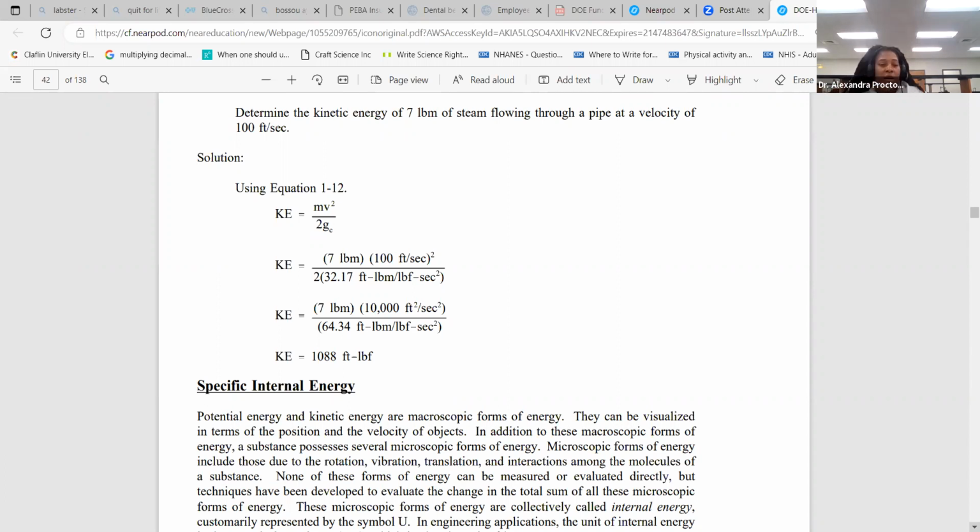So you plug in the 7, which is your mass, and your velocity, which is 100. So kinetic energy is equal to 7 pound mass times 100 feet per second, squared, divided by 2 times that constant, which is 32.17 foot pound mass per pound force second squared.